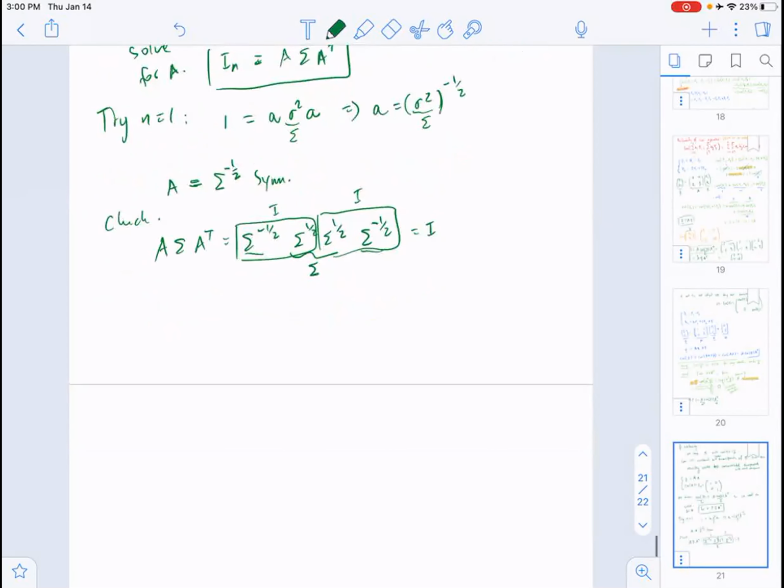So how do we compute A equals sigma minus 1/2? Do you remember how we computed the square root matrix? Let's see if I do the spectral decomposition here. Can we compute it based on that?